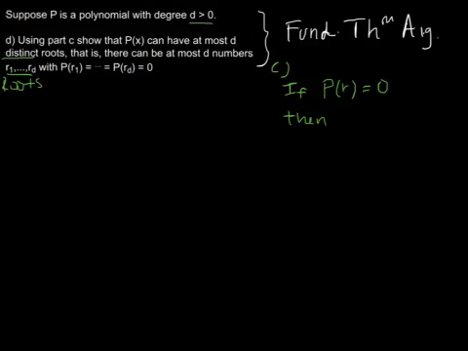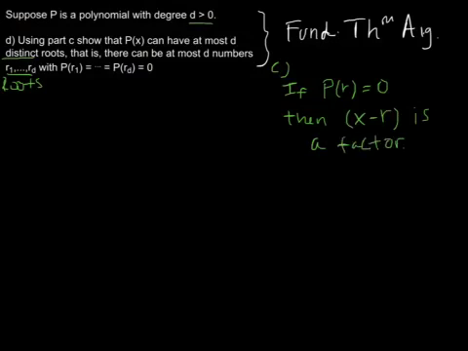Well, remember that if we have a root, we knew that x minus that root goes in, or is evenly divisible into, p of x. In other words, then x minus r is a factor.